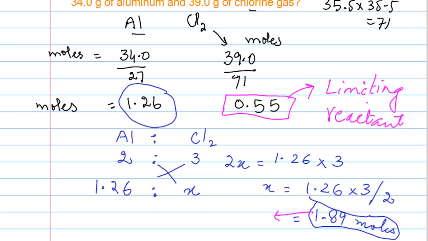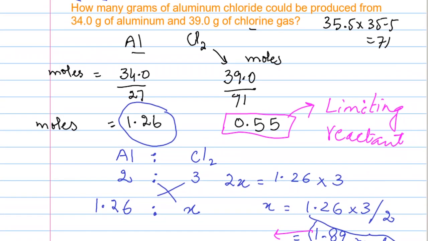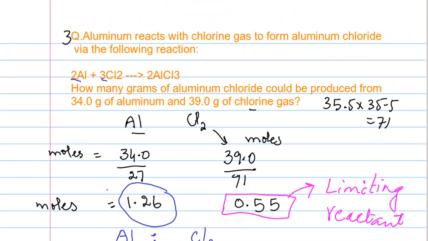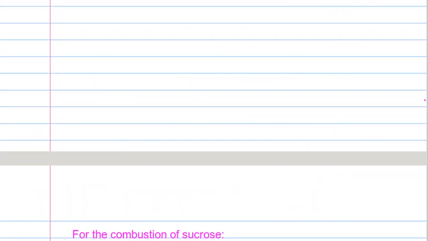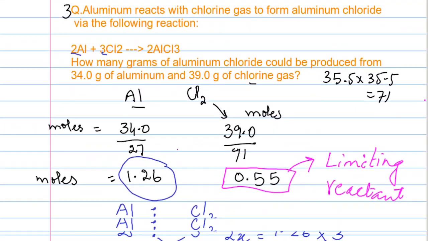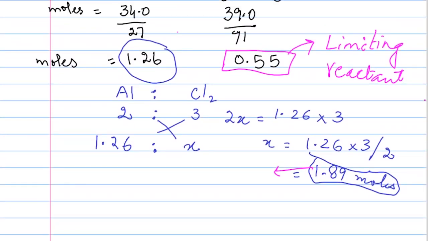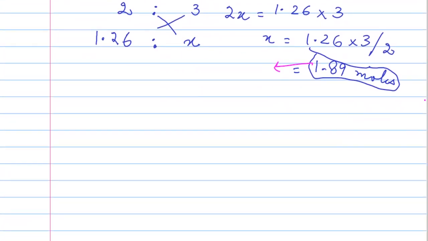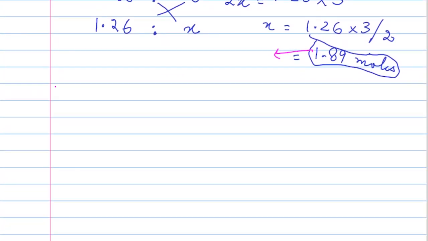In the reaction, we have to calculate how many grams of aluminium chloride are produced. We have to calculate the mass of aluminium chloride. So in order to calculate the mass of aluminium chloride, we need to know the moles of aluminium chloride.